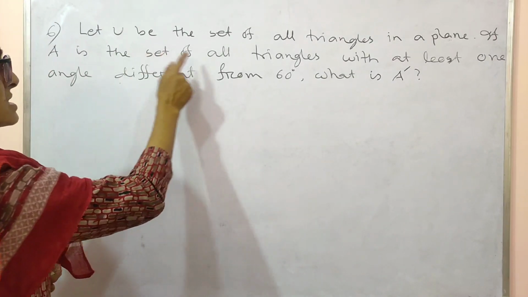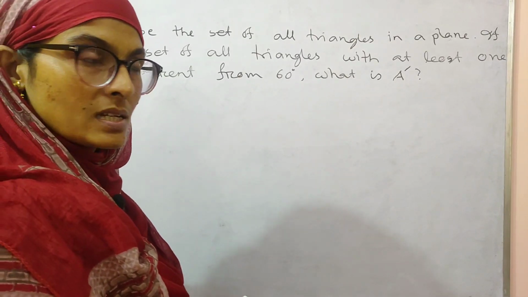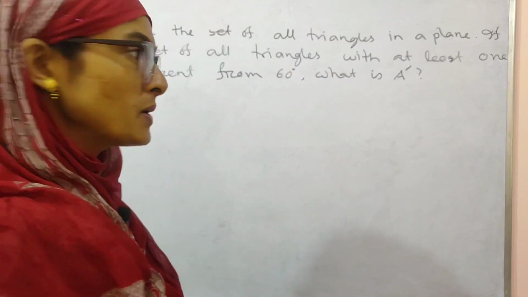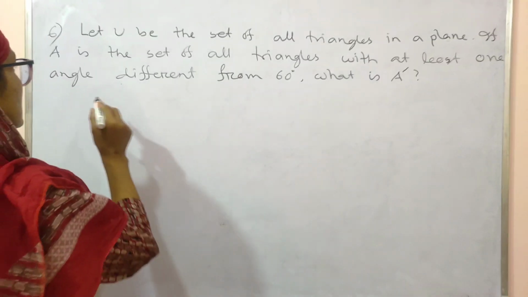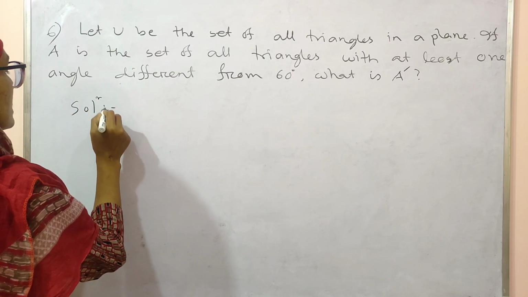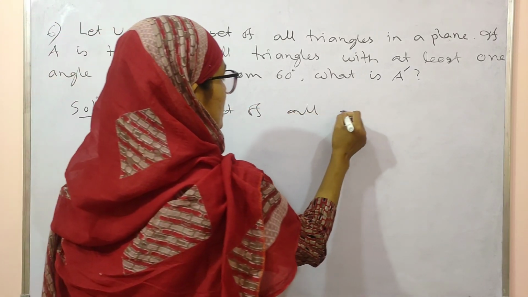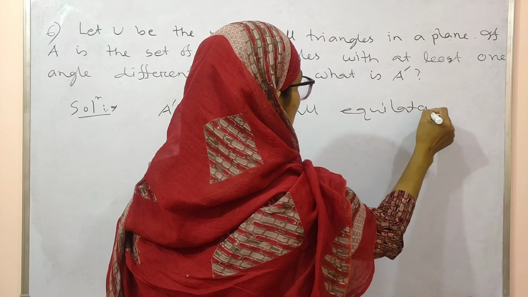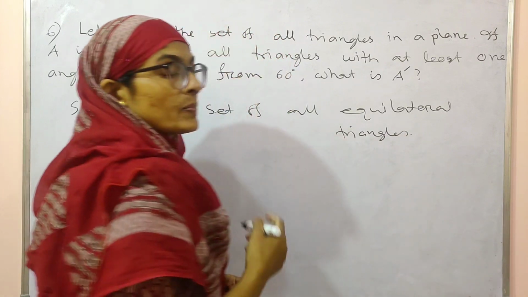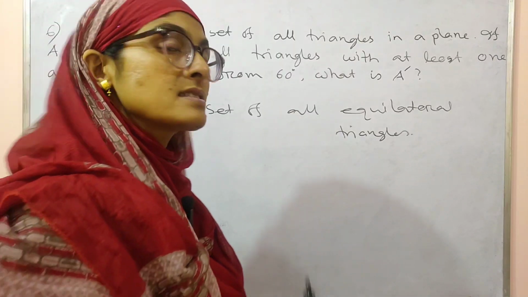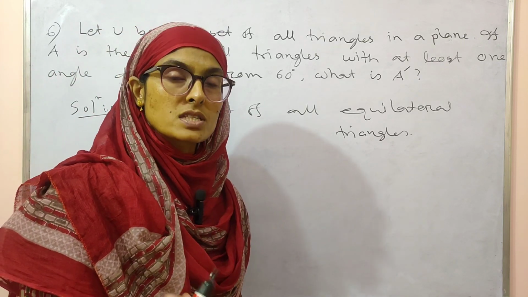Here A is given as the set of all triangles with at least one angle different from 60 degrees. Then A complement is the set of all equilateral triangles, because every angle of an equilateral triangle is 60 degrees. Each angle is equal, so all angles are 60 degrees.